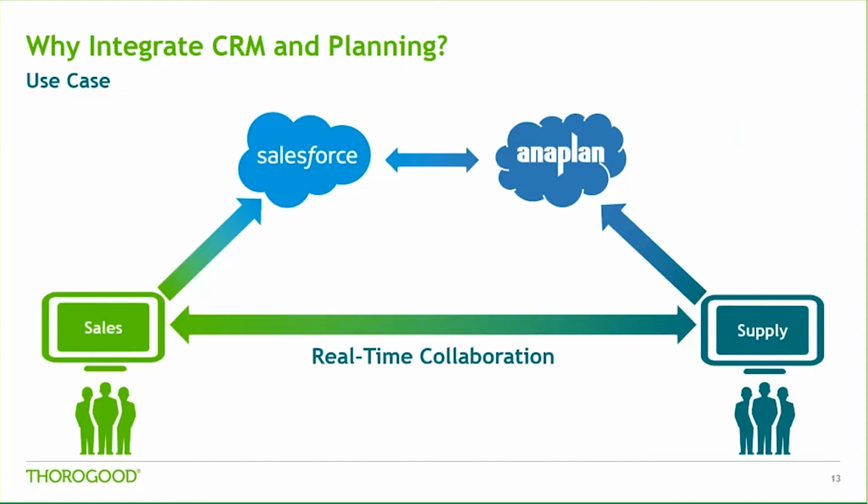Salesforce's live feed interface and Chatter window encourage real-time collaboration between operations managers and sales reps on the front lines. Planners are given immediate visibility into changes to the sales pipeline, and the data from Salesforce will flow into Anaplan in near real time.